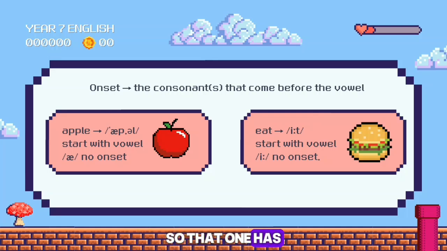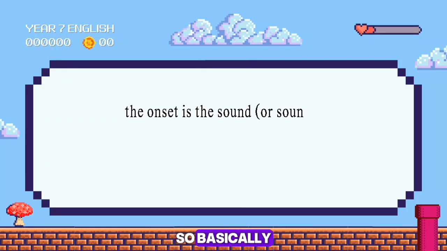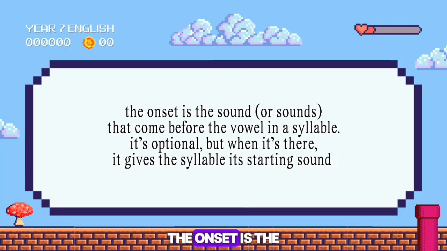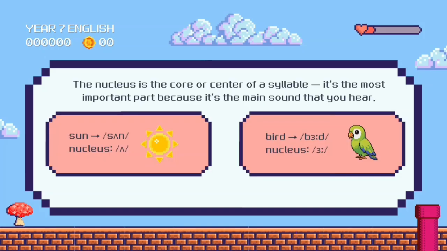So that one has no onset. Same case with it. It starts directly with the vowel E. So that one has no onset. So basically, the onset is the sound that comes before the vowel in a syllable. It's optional, but when it's there, it gives the syllable its starting sound.